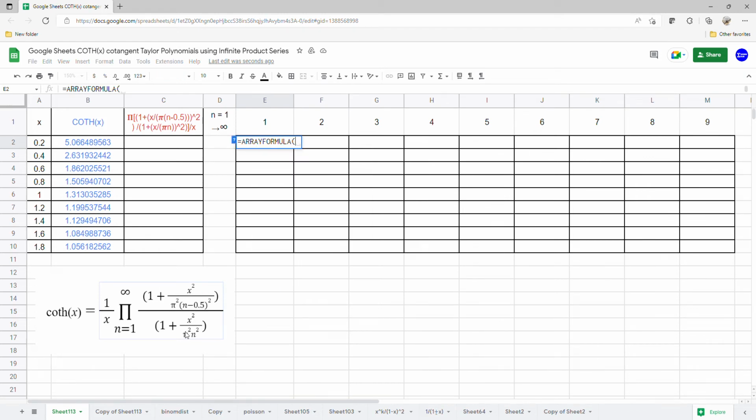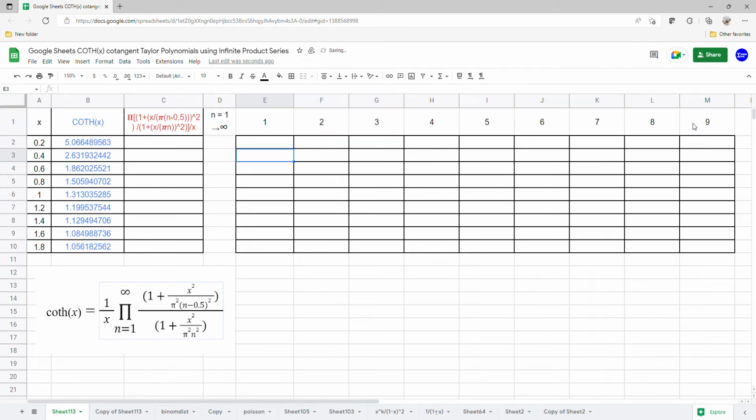Now we continue with the array, which is array formula, starting with the denominator. So that is x divided by pi squared n squared. So pi times n raised to the power 2, or squared.